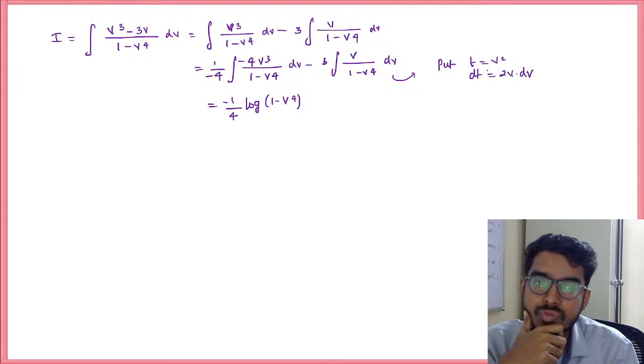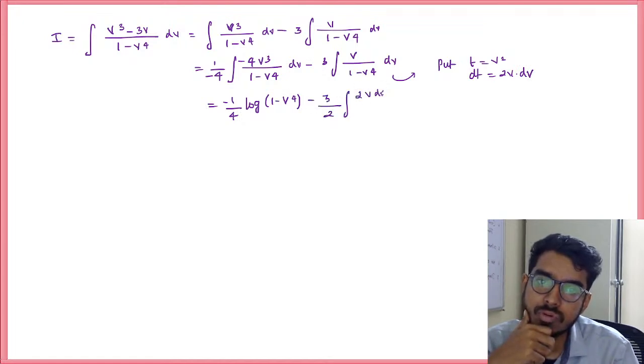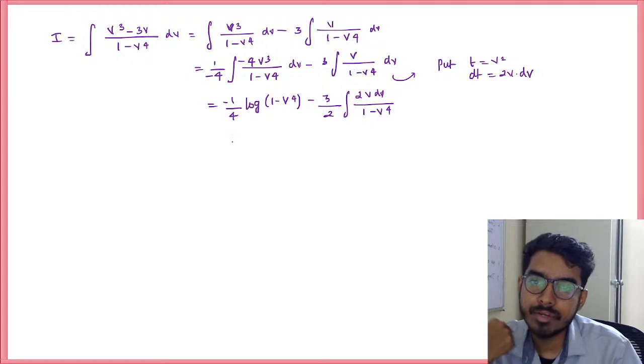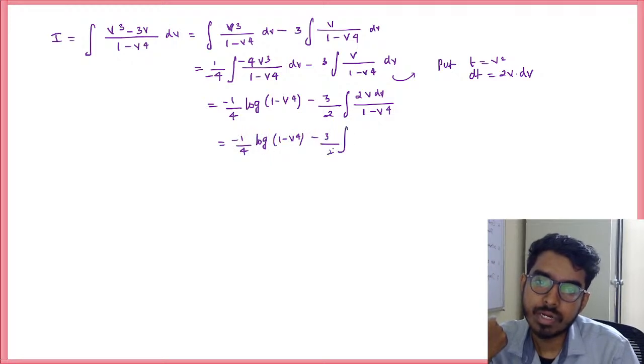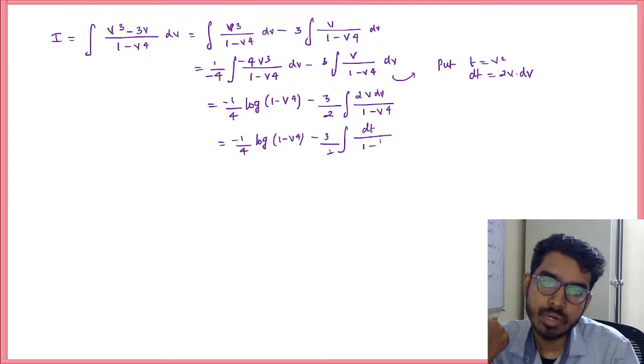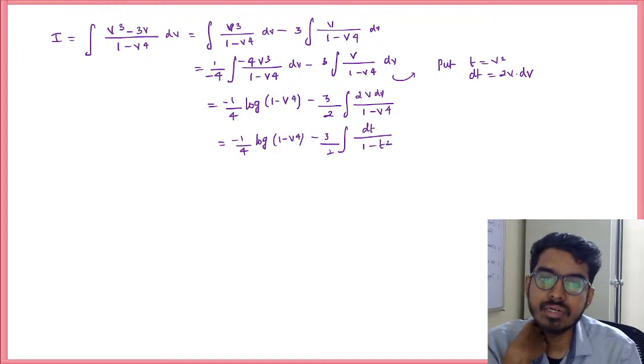What we can do is, let us multiply and divide by 2, just multiplying and dividing by 2. Let's keep this as it is. This is 2v dv is dt, and this will be 1 minus t square, right? Because v square is t, so v power 4 will be t square.